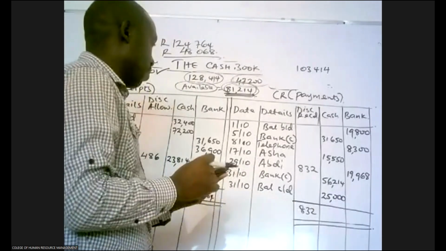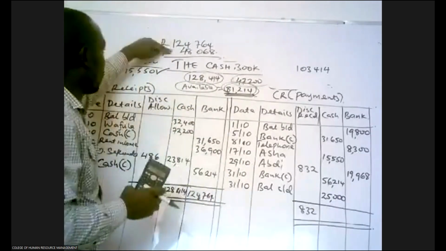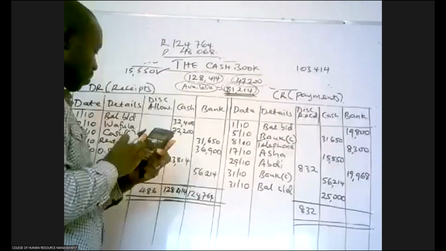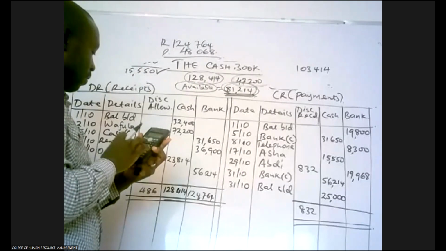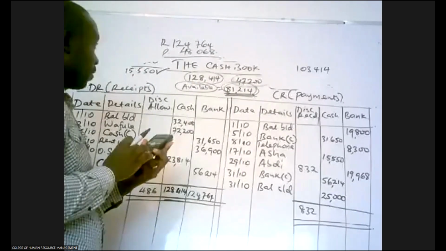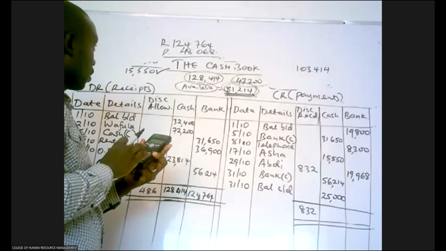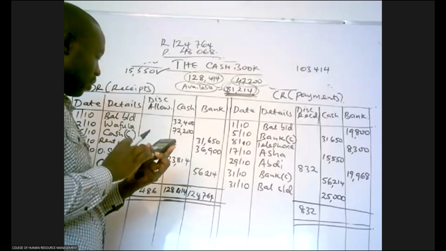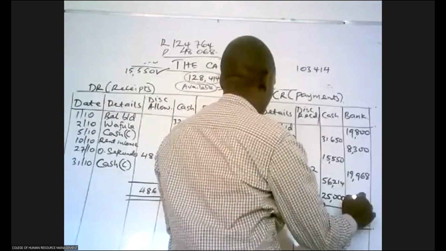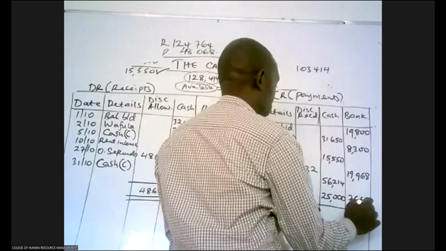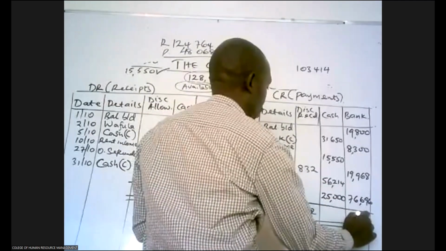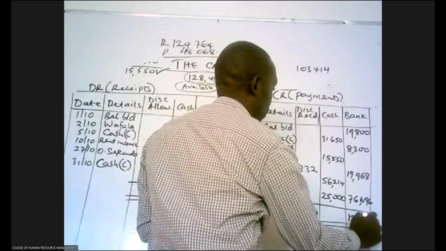This minus the payment, sorry, 124,764 minus 48,068 gives 76,696.